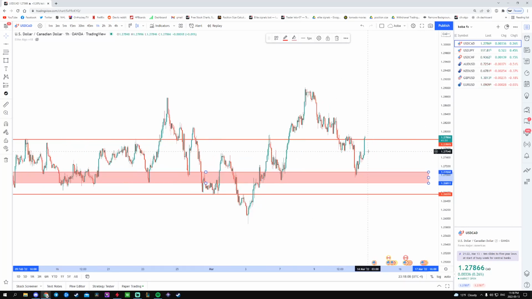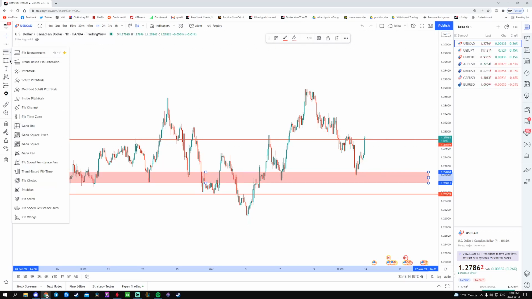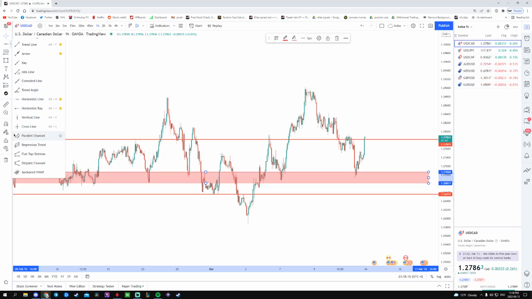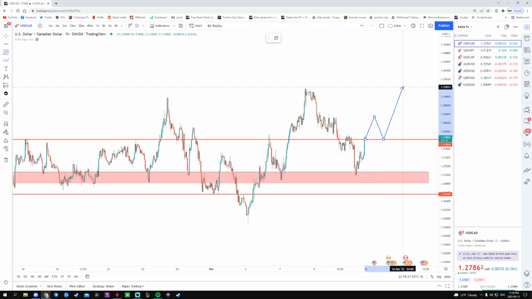Now, potentially we can see this continue to go up. So we can probably see this chart going like this. I'm just going to try to find the path. We can probably see this go up, come back down, retest this level before going back up, retesting this, then potentially coming back down again, all the way down here.